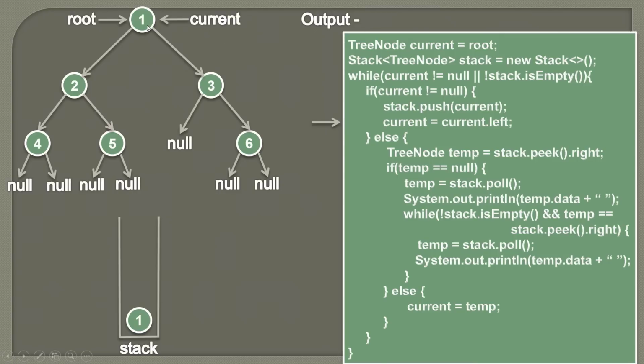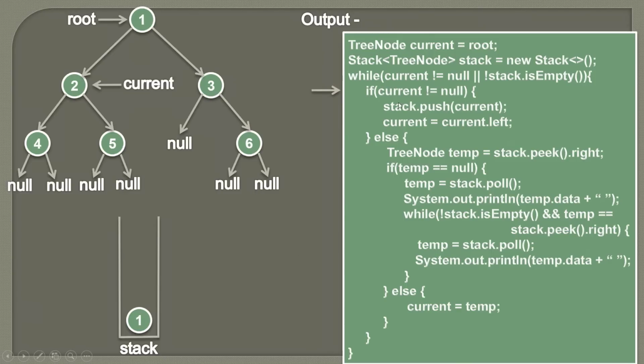So current is pointing to node 1, its left is pointing to node 2. So now current will point to node 2. We again check whether current is equal to null or not. Current is not equal to null, so the first condition comes out to be true, and we don't evaluate the second condition because of this OR operator. So this while loop will execute.